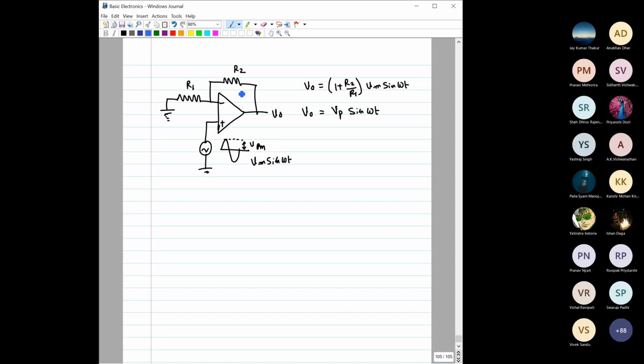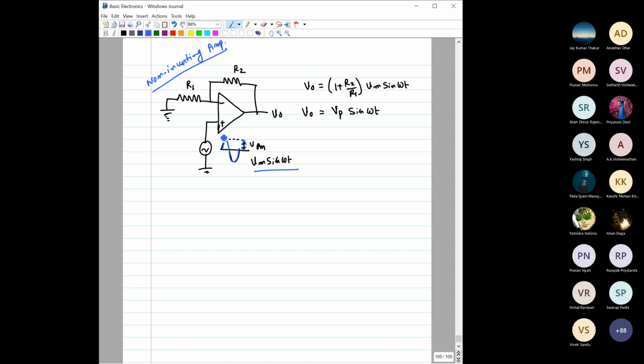Let us say this is an amplifier. Obviously from this you can clearly see this is a non-inverting amplifier. For this non-inverting amplifier, we have applied a sinusoidal signal with a peak amplitude of Vm, so basically it is Vm sine of omega t.